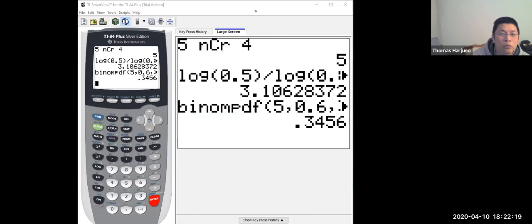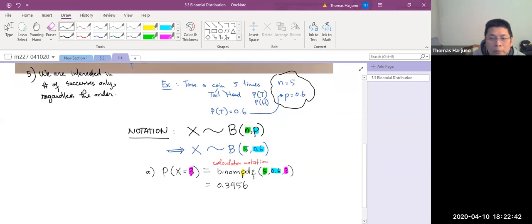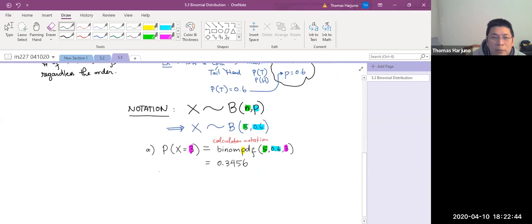So I go back to my notes, and I write here, this is equal to 0.3456. Once you're done with that, let's do one more problem, a similar problem.